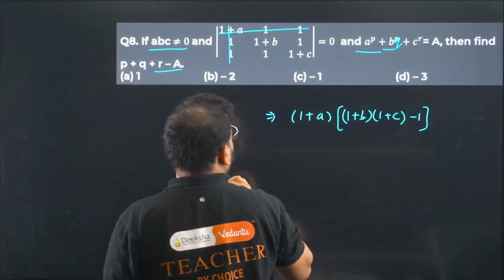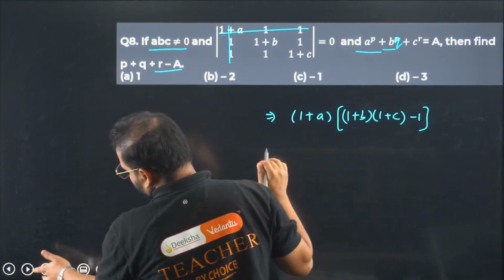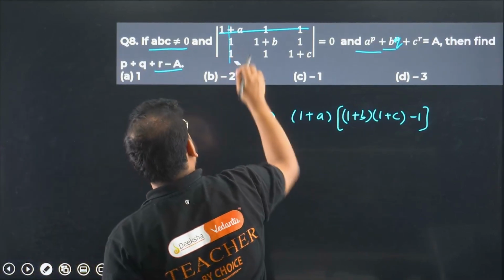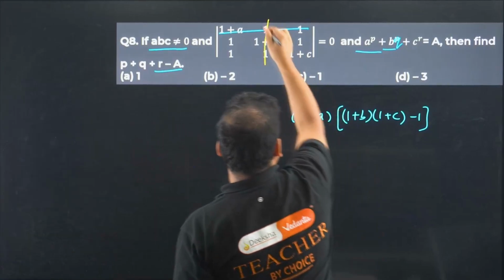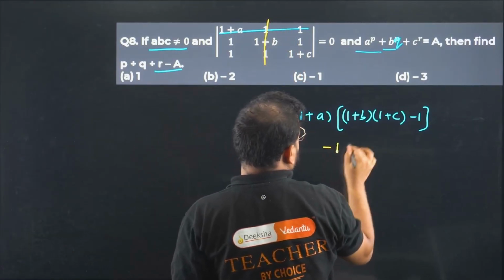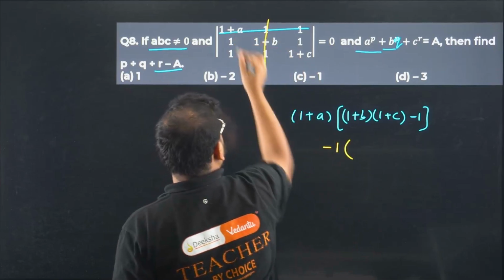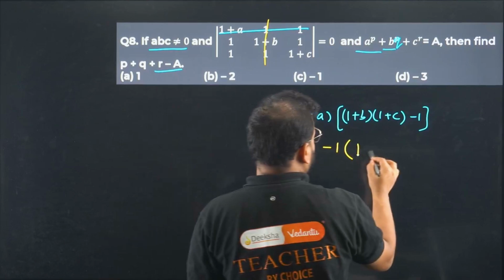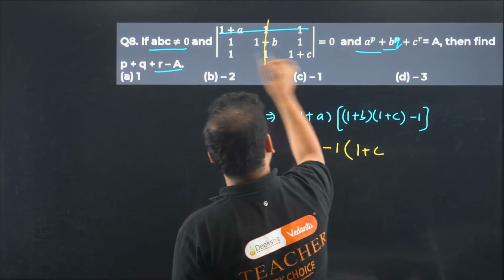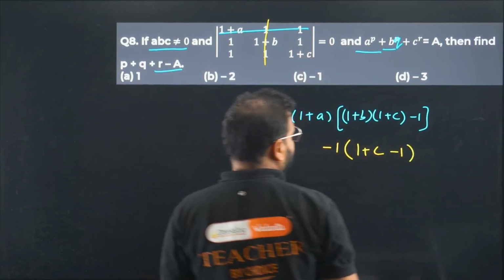Okay, and then comes your second column. You'll have a minus sign for this. So you'll have minus 1 times, have a look, 1 plus C into 1, so 1 plus C only, and 1 into 1, so simply minus 1, right?